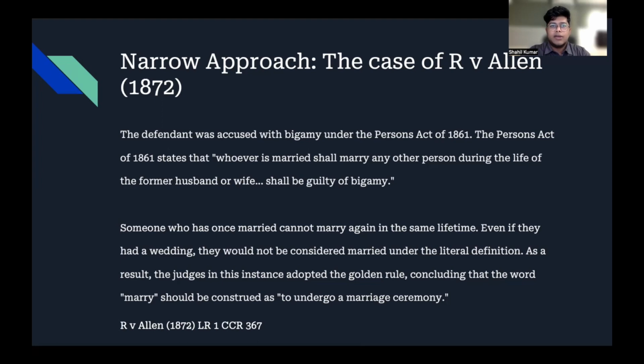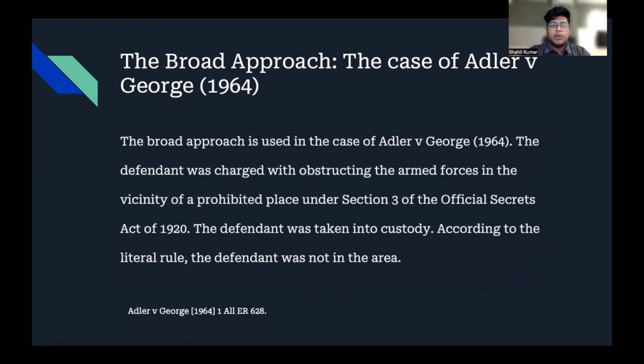Even if they had a wedding, they would not be considered married under the literal definition. As a result, the judges in the instance adopted the golden rule, concluding that the word marry should be construed as to undergo a marriage ceremony. This example shows how the golden rule avoids the case from becoming ludicrous.